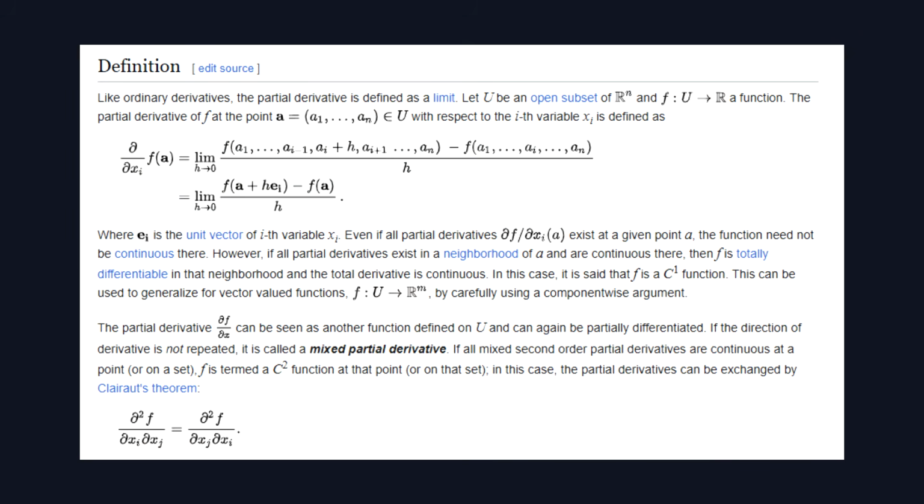Now this next part requires you to know a little bit of multivariable calculus, specifically partial derivatives.